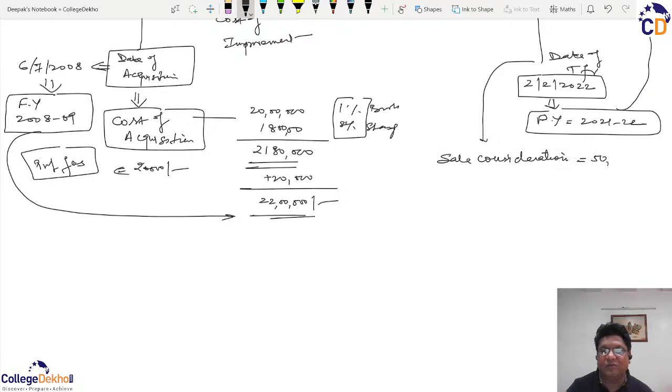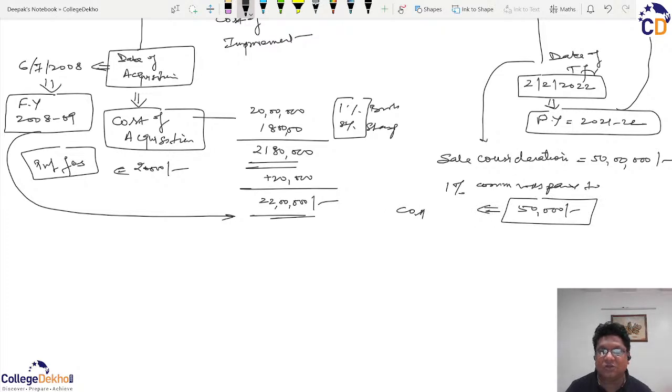For example, if we believe that the sale consideration was rupees 50 lakhs and 1% commission was paid to the broker, it means 50,000 rupees was paid to the broker, and this 50,000 should denote the cost of transfer.